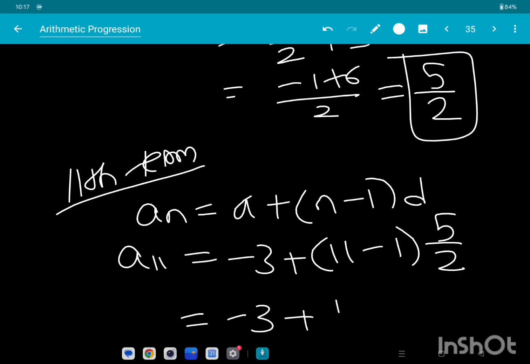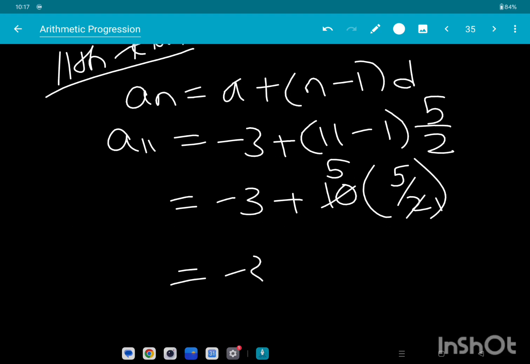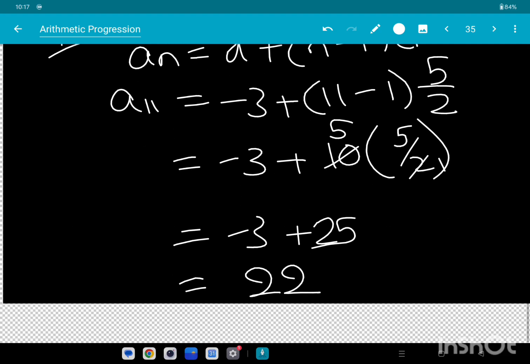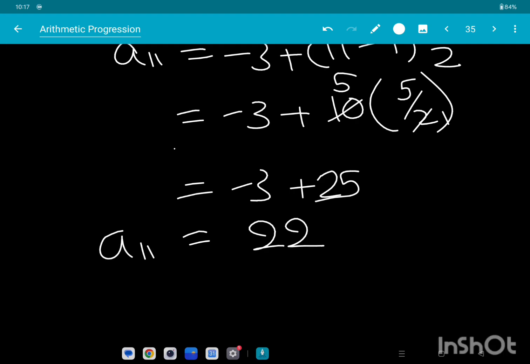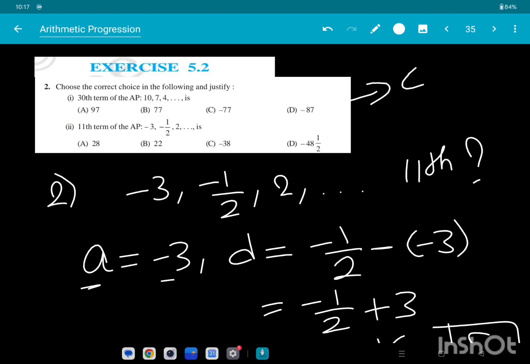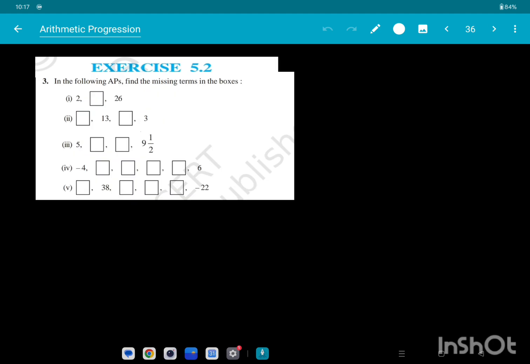Minus 3 plus 10 into 5 by 2. 2 1s are 2, 2 5s are 10. Here minus 3 plus 5 5s are 25, is equal to, what is the final value we got? 22. So the a11 value is 22. So it is the B option. So this is the way we will find out by using the nth term. Now move on to the next question.